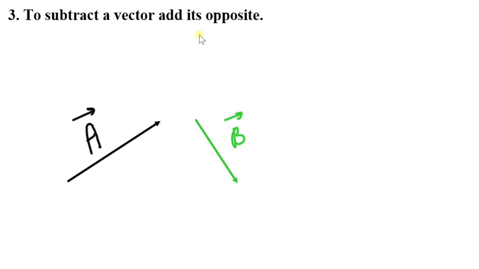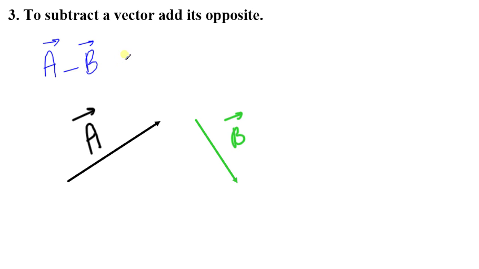Now with the third property, to subtract a vector, add its opposite. So far we learned how to add two vectors, not to subtract. We don't know how to subtract vectors. So what I'm looking for here is A minus B, subtraction. But we don't know how to subtract.